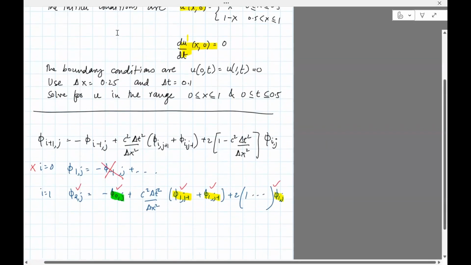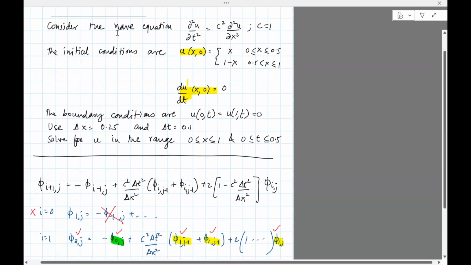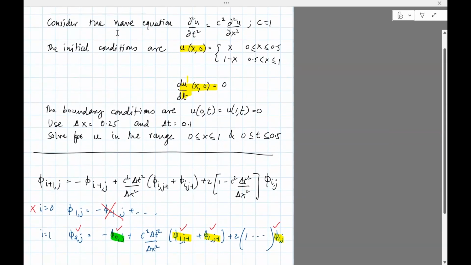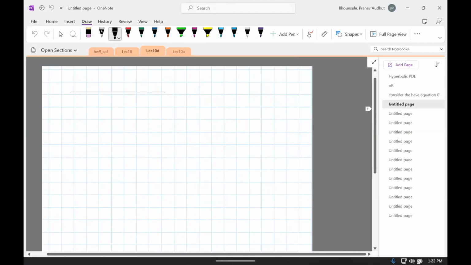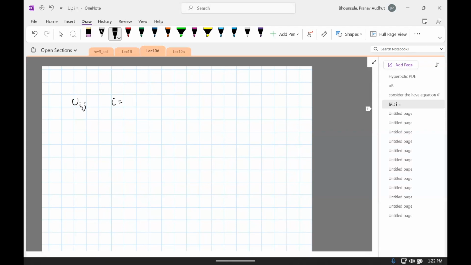So first of all, let's start with our discretization. It's 0.25 for x and 0.1 for time. So let's put that in. We'll use the notation u i comma j, where i is the time index and j is the position index.